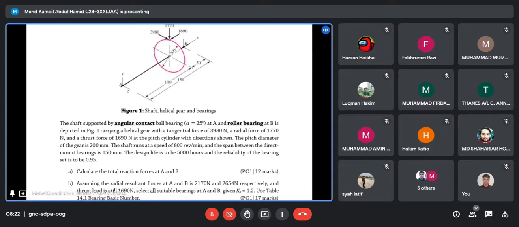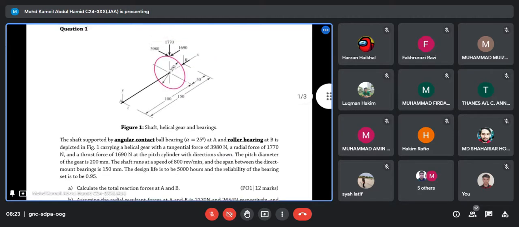The shaft runs at a speed of 800 revolutions per minute, and the span between the direct mount bearings is 150 mm. The design life is to be 5,000 hours, and the reliability of the bearing is set to 0.95.